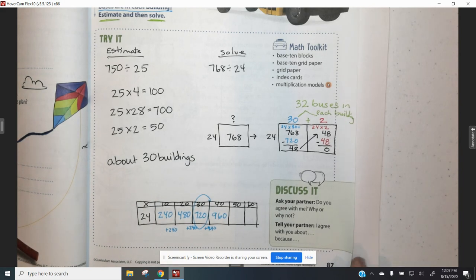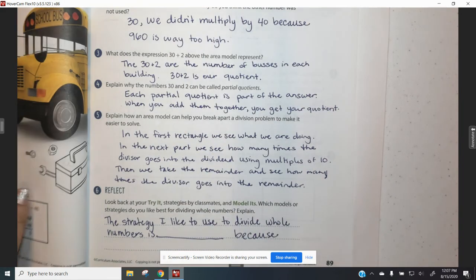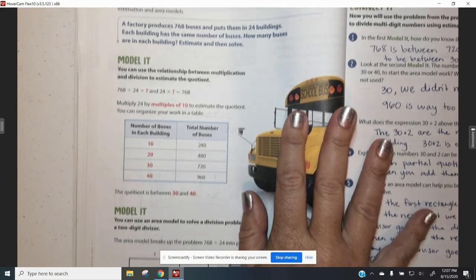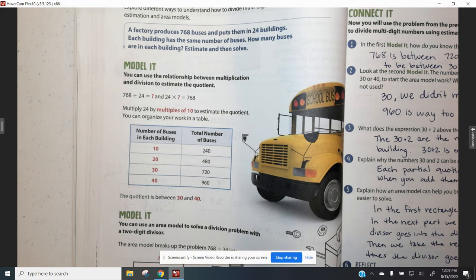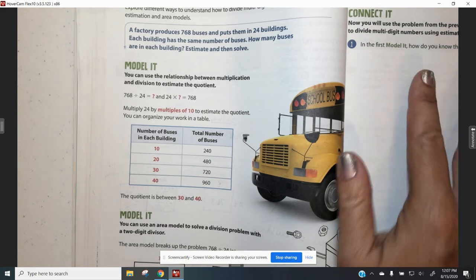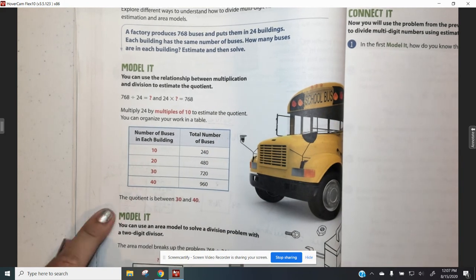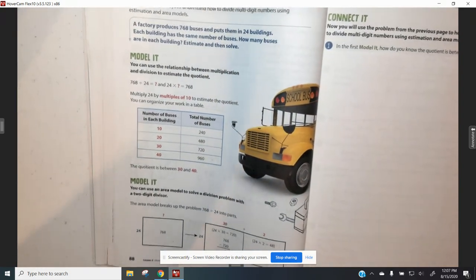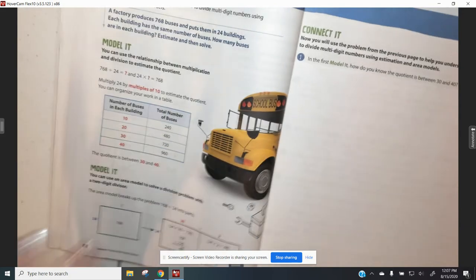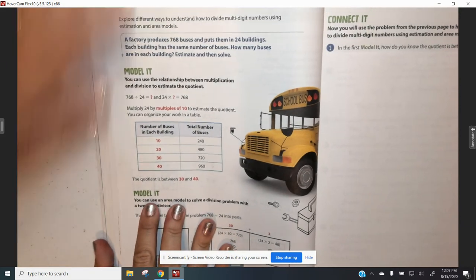We're going to go ahead and move now to page 88. Now on page 88, we're going to be continuing to practice what we just did. So I actually just showed you how to do everything that this page shares with you. So you're already ahead of the game.